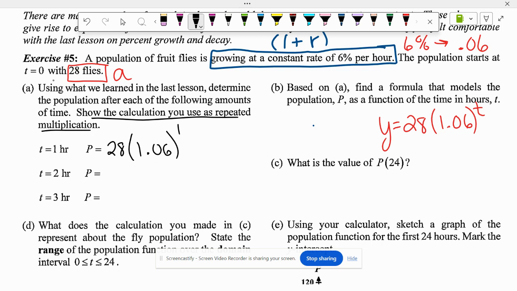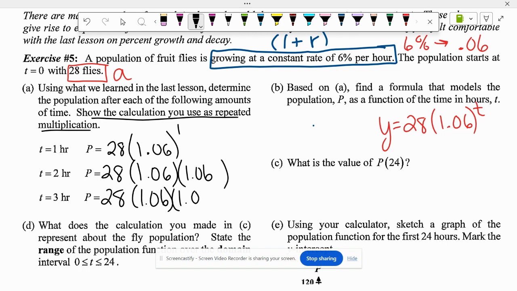If my exponent is a 2, how many times am I multiplying by 1.06? 2 times. 1.06 times 1.06, right? Because that's 1.06 to the power of 2. If t is 3, if the time is 3 hours, how many times am I multiplying by 1.06? 3, yeah. You do have one question like this in Delta Math that asks you to show it as repeated multiplication. So that's what it's asking you for.